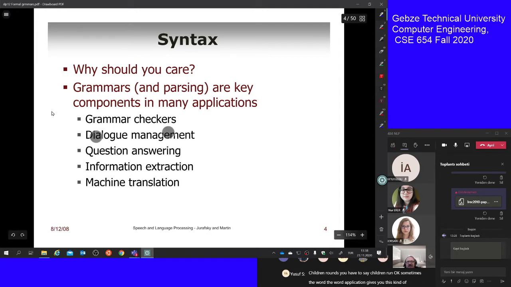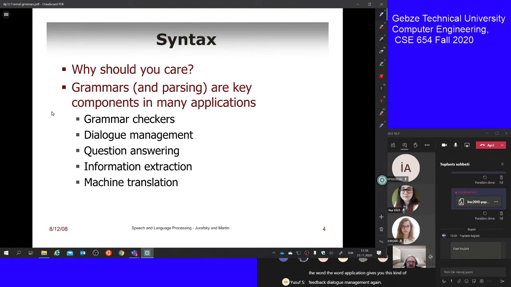Dialogue management: if I am in a dialogue with a computer and I am asking a question, how many people are there in Gebze Technical University? Without parsing my sentence, the computer cannot know what is being asked. Question answering is very similar: what is the question, and what are we answering?